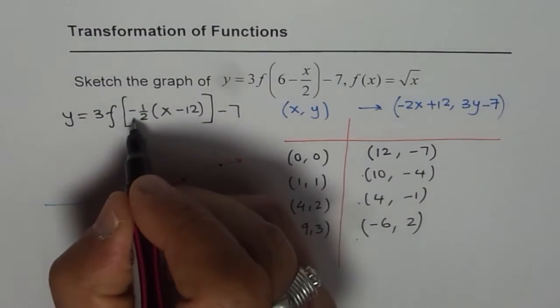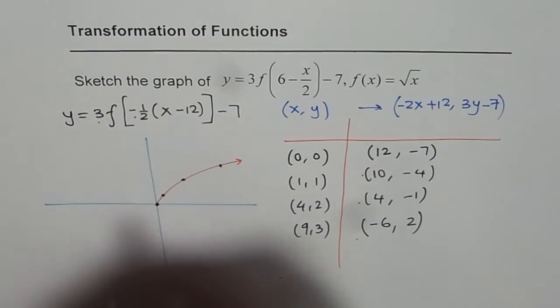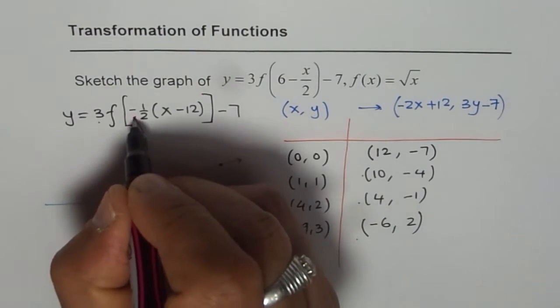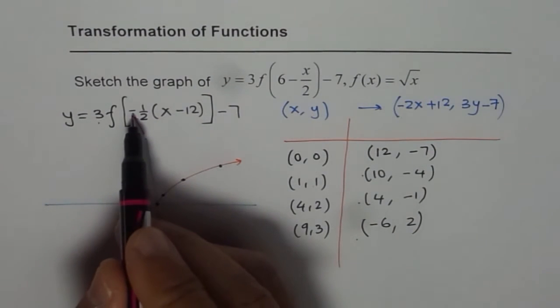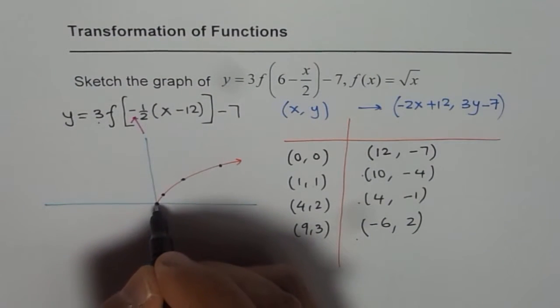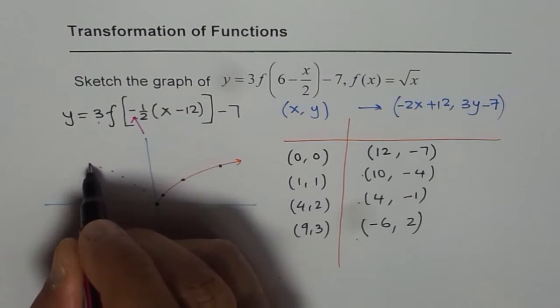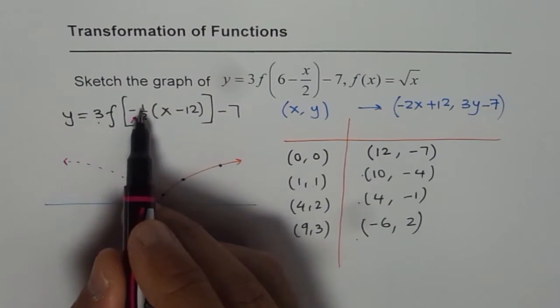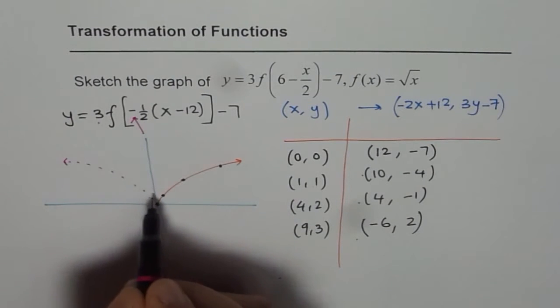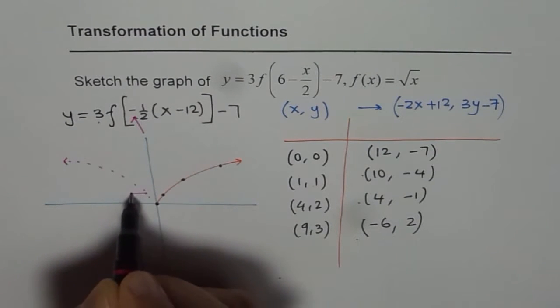First step should be, you could do the vertical stretch also, but I prefer to take care of the horizontal stretch or compression and reflection first. So here it gets horizontally reflected, so we'll have a function which is reflected like this. And then horizontally stretched by a factor of 2. Stretch means that this point will stretch like this.